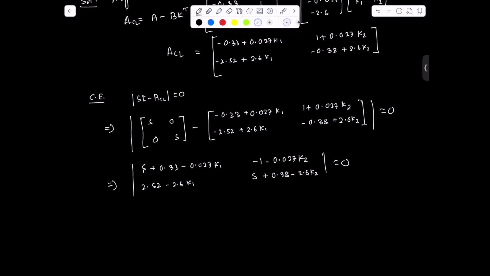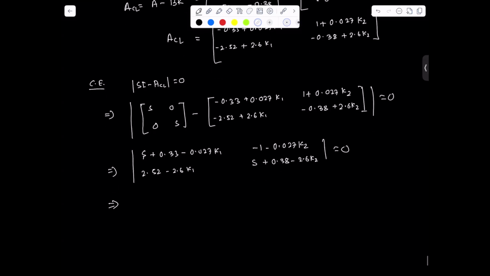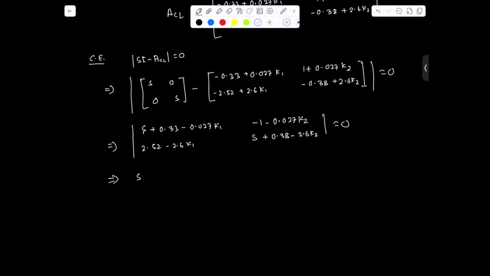And the characteristic equation, from the determinant of this matrix, we can write as s squared plus 0.71 minus 0.027 K1 minus 2.6 K2 times s, plus 2.565 minus 2.61 K1 minus 0.8 K2 equal to 0.